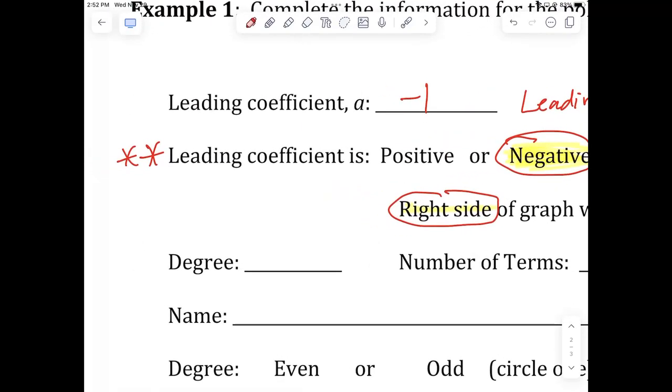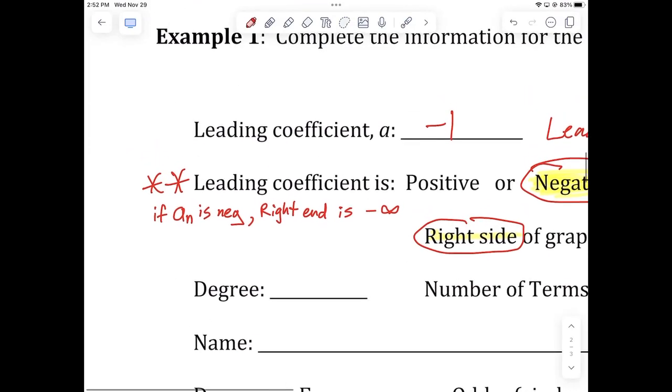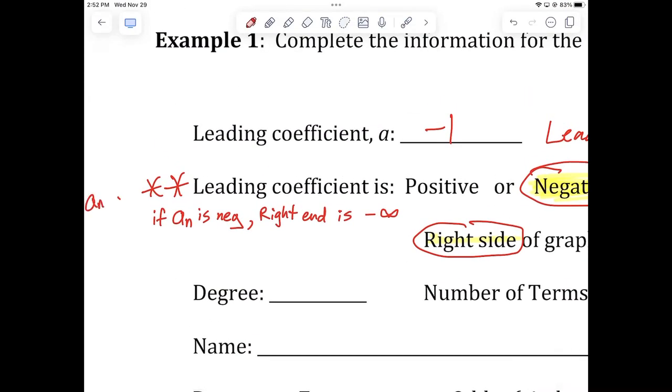So if we'll just say this, if a sub n is negative, the right end behavior is -infinity. What is a sub n? First of all, I better say a sub n, that's your leading coefficient.